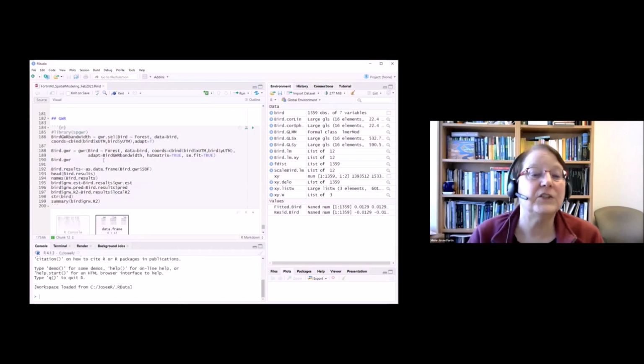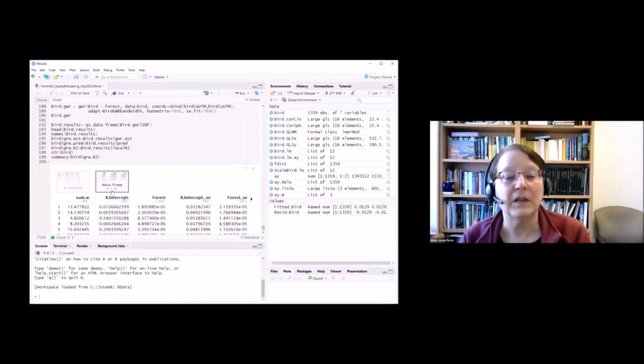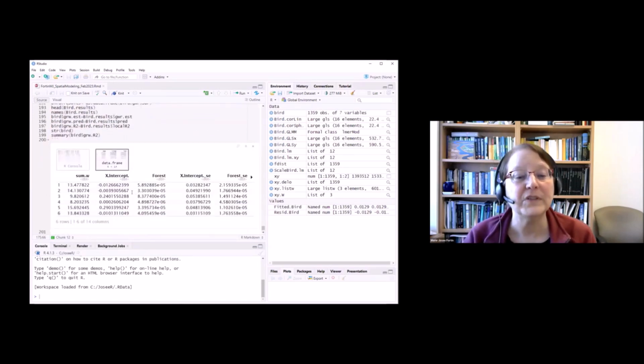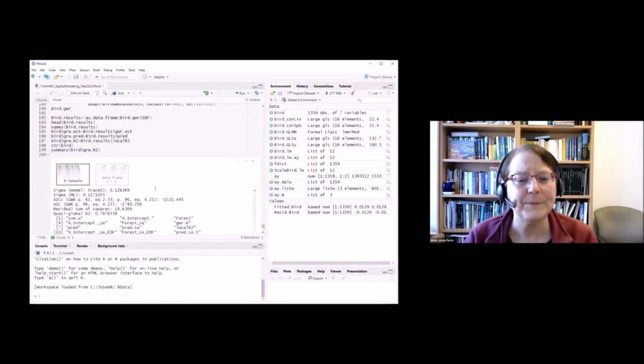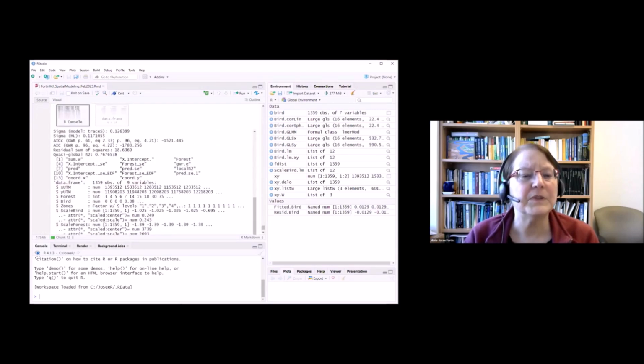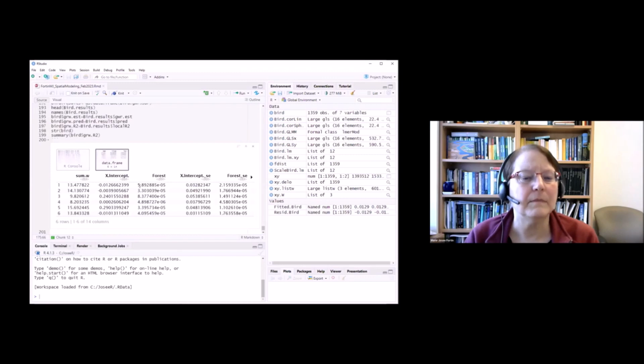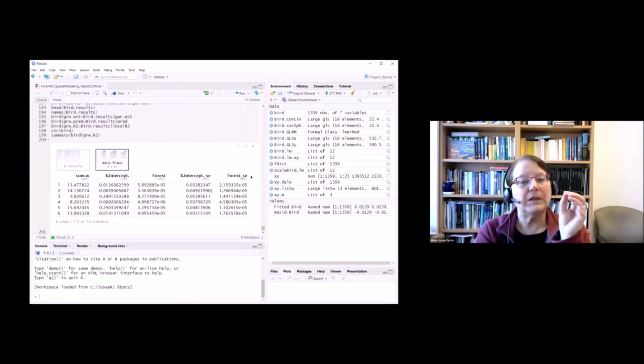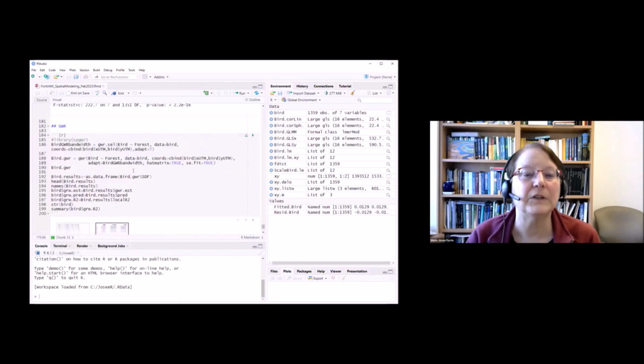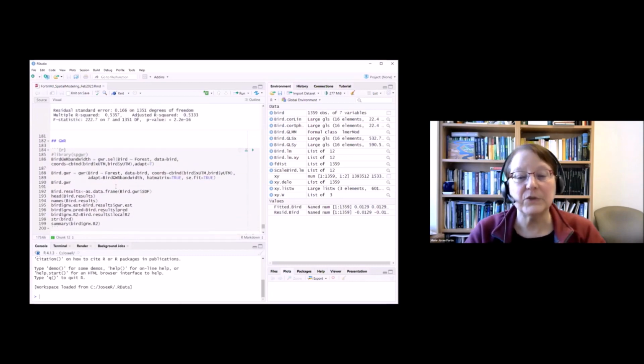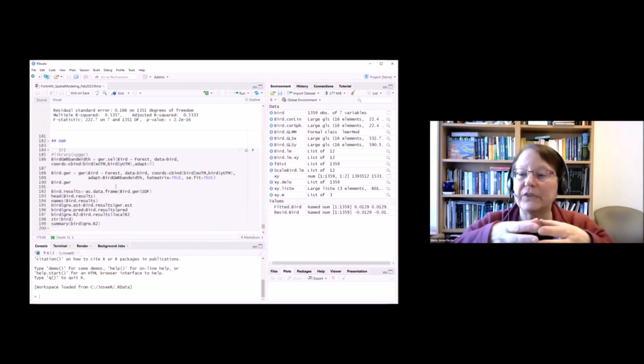And then there's the geographically weighted regression. Again, the first step here, oops, not that. Doesn't show in here. Sorry about that. The first step that the geographically weighted regression will do is to decide what is the bandwidth.